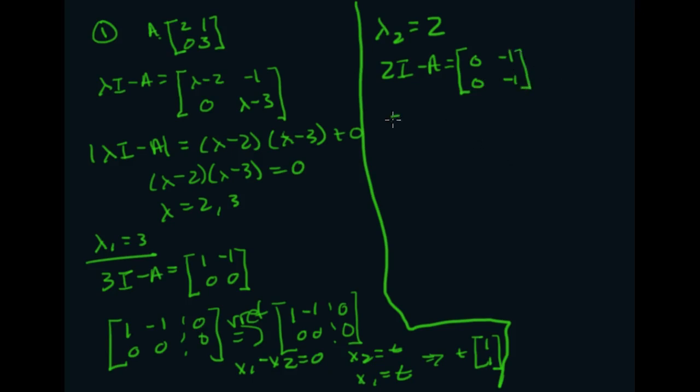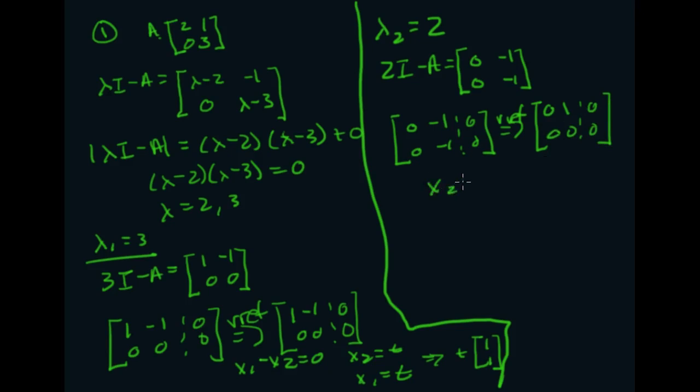We threw that through the Gauss-Jordan game. And we're left with 0, 1, 0, 0. So what we do know in this is that x sub 2 has to equal 0. x sub 1 can equal anything.